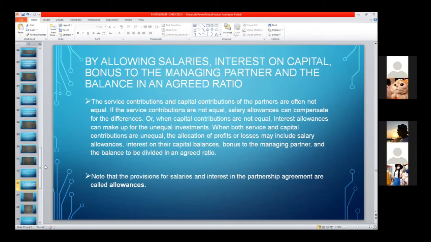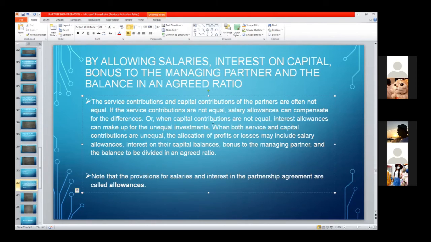Ito na. So, by allowing salaries, interest on capital, bonus to the managing partner and the balance in an agreed ratio. So, ito na yung lahat na pinagsama ng tatlo. The service contribution and capital contributions of the partners are often not equal. If the service contributions are not equal, salary allowances can compensate for the differences.